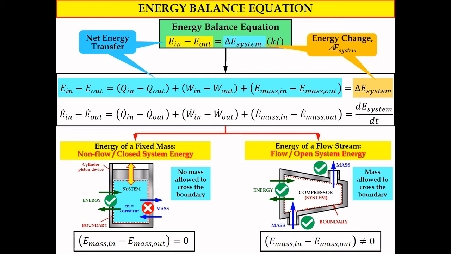Now the term E mass in minus E mass out in the energy balance equation will not equal 0. So we need to consider the term E mass in minus E mass out in the energy balance equation for the open system. That is the difference between the energy balance equation for the closed system and for the open system. Now we will discuss the energy balance equation for the open system, sometimes called the control volume system or flow system.